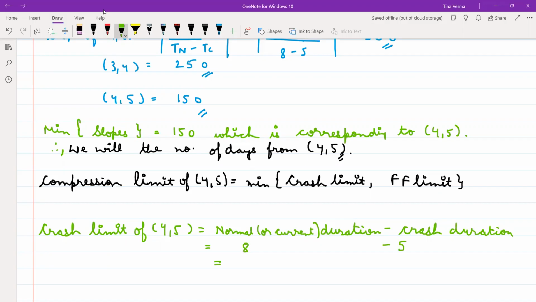So that means 8 minus 5, that will be 3. That means I have to choose the minimum from 3 and FF limit I have to find.